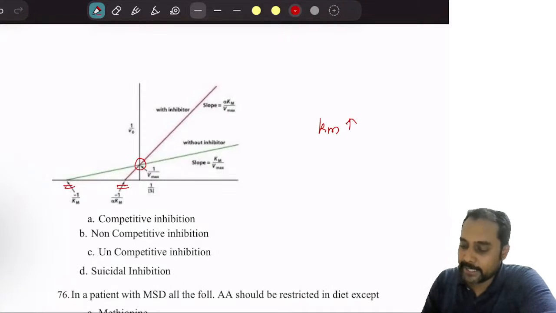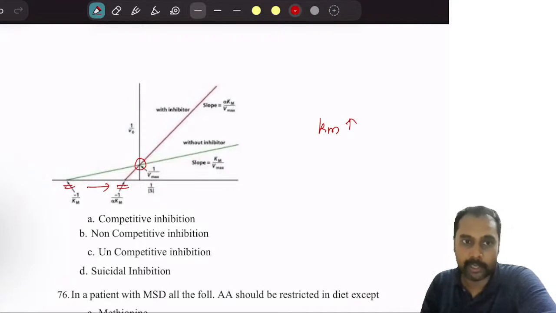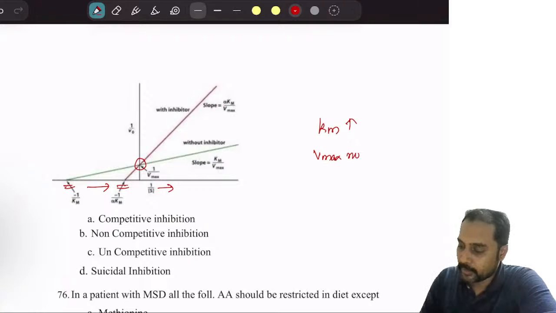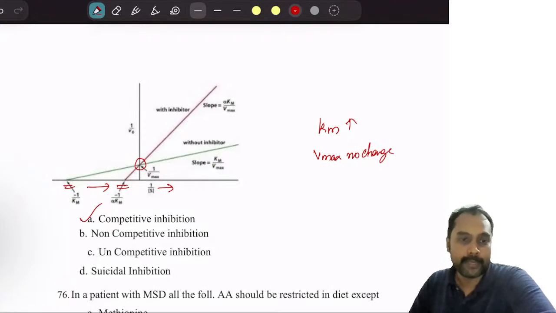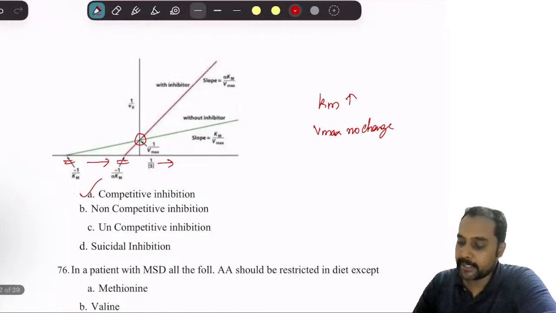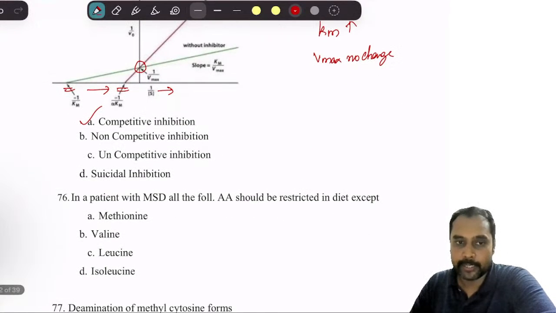Now you should not think that sir told Km has increased but with inhibitor it is coming this side. This is the inverse plot, double reciprocal plot, 1 by v plot. So as we are going this side, it is increasing. That is the first thing. And regarding the Vmax, there is no change. So the answer will be competitive inhibition. The remaining options are not fitting into the picture.